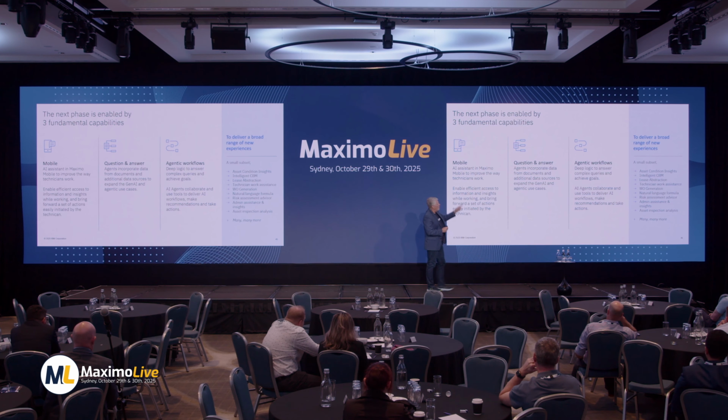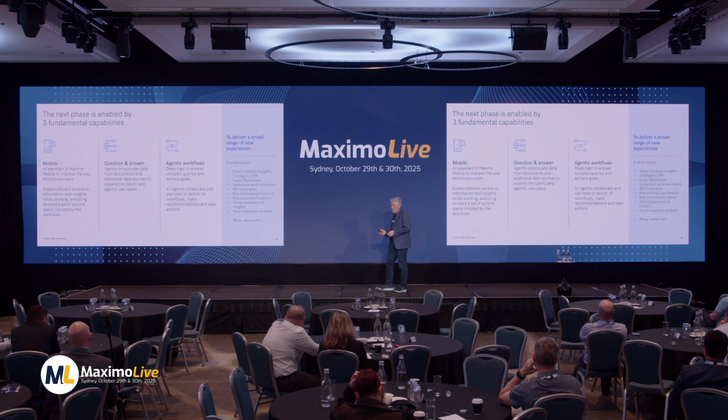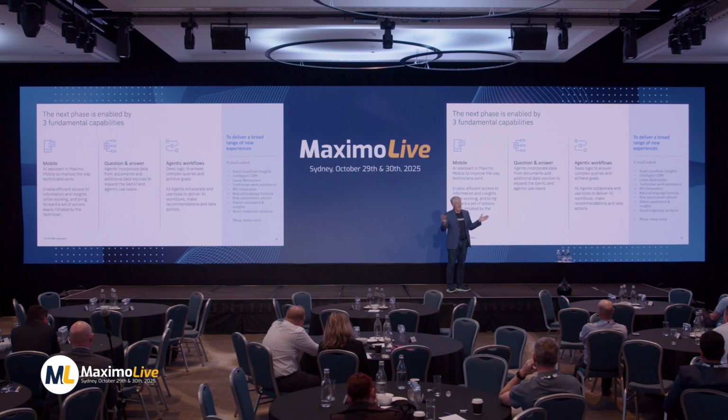The other thing is with agentic workflows. If I take something like condition-based maintenance, I've got a chart in the deck that shows four different stages: condition insights, determining what the right type of work is, and so on. All of those are agents that are going to run. An agent is nothing more than a vehicle to allow me to deal with one of the decision points in a process that already exists within Maximo.